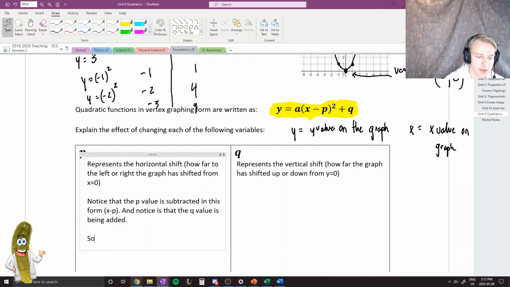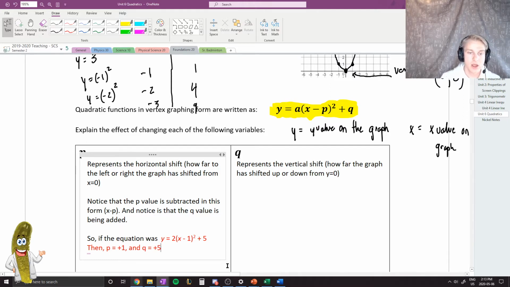So for us, if the equation was y is equal to 2 times x minus 1 squared plus 5, then our p-value would be equal to positive 1, and our q-value would be equal to positive 5.